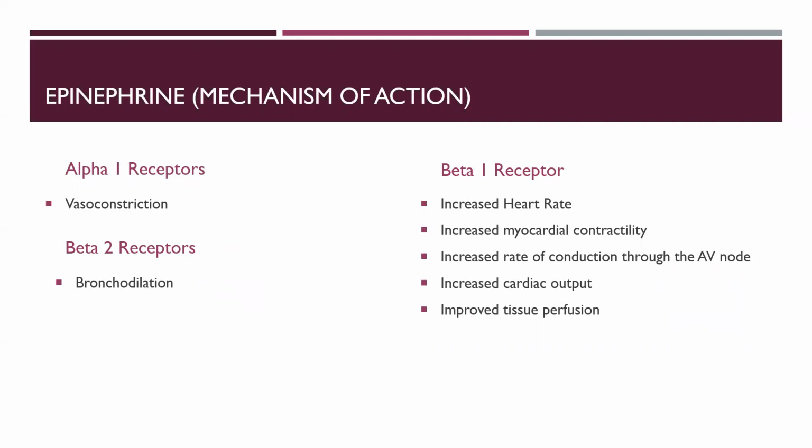vasoconstriction, which if I give epinephrine, what's going to happen to my blood pressure? It's going to go up, because I've got that vasoconstriction. With it, it's also going to cause increased heart rate, all that increased conduction. So my heart rate's also going to go up, and it's going to cause bronchodilation. So seeing how it can affect all these receptors, it kind of makes sense why that's our go-to drug for anaphylaxis, right? Because anaphylaxis, what happens to all my bronchus during anaphylaxis?